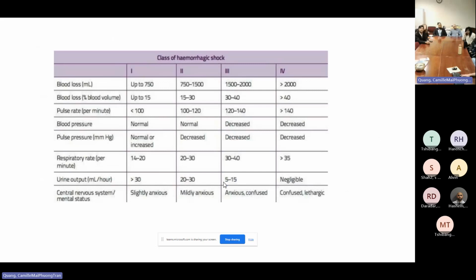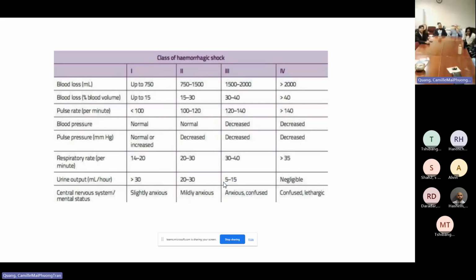And then this is for hemorrhagic shock. You guys are going to see this all the time, even if you don't go into trauma, because in surgery, patients bleed. So the important thing to notice on this one is that your blood pressure is normal until you lose 1.5 liters of blood, and that's a pretty significant amount of blood.